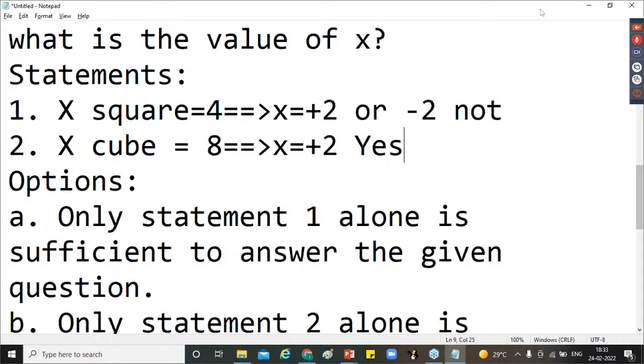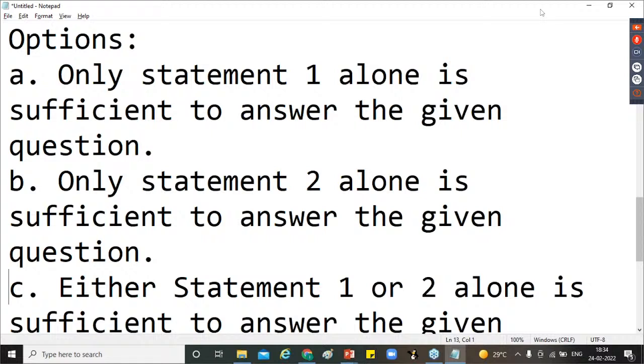While solving these problems, the possible options are: option A, only statement one alone is sufficient to answer the given question. Wherever you go, the options are these only, but the order is different. Be careful. Don't remember A, B, C, D like that; remember the statements.